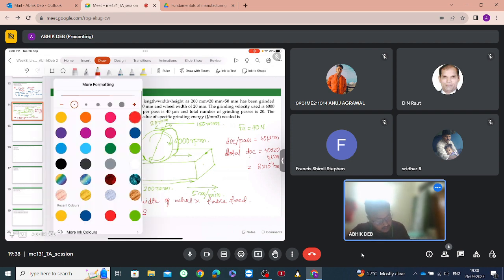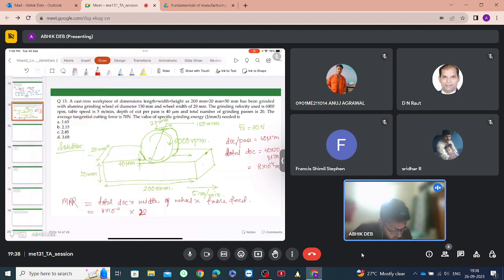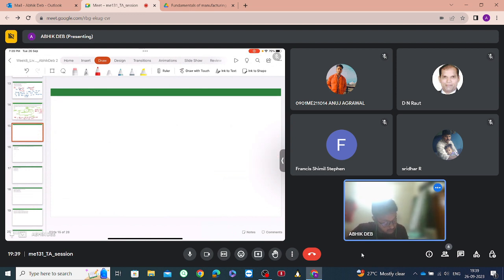So 20 millimeters, that is 20 into 10 to the power minus 3, multiplied by the table feed of 5 meters per minute. So 5 divided by 60, for conversion of minute to second, gives meter cube per second.